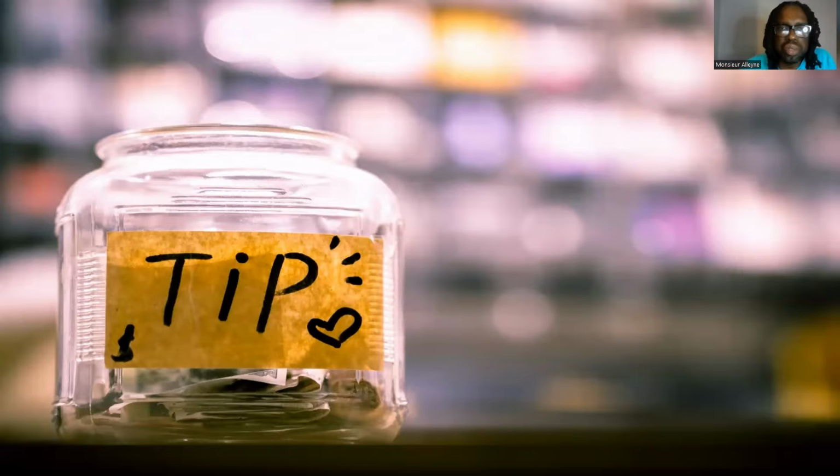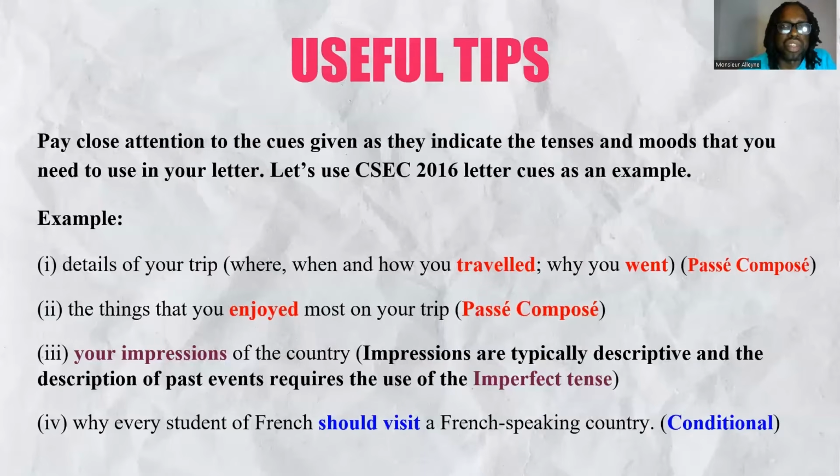All right, so here are some useful tips. Pay close attention to the cues given as they indicate the tenses and moods that you need to use in your letter.